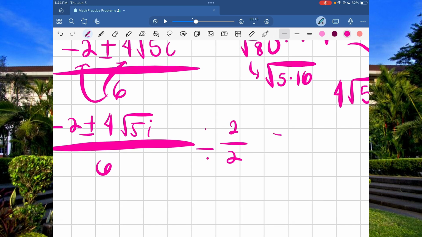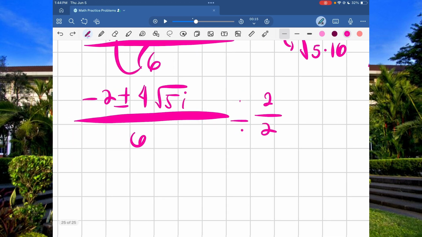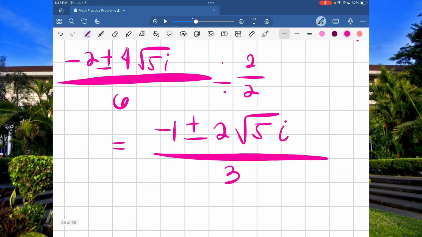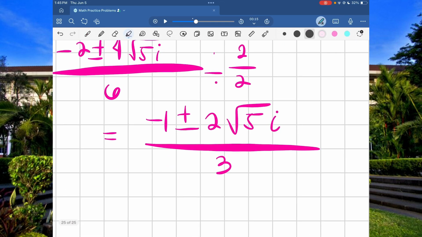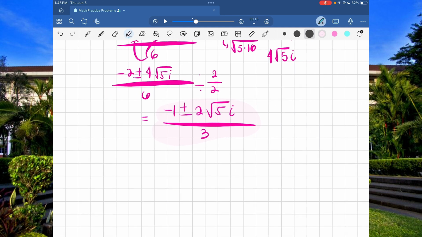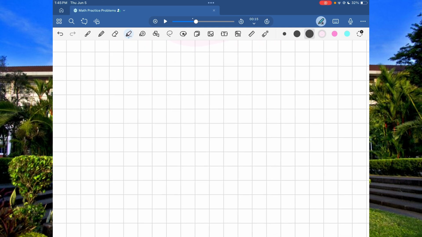So we will have negative 1 plus or minus 4 divided by 2, that is 2 square root of 5i, divided by 6 divided by 2, which is 3. So this is our final answer.